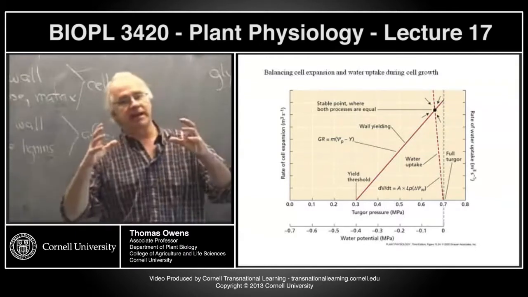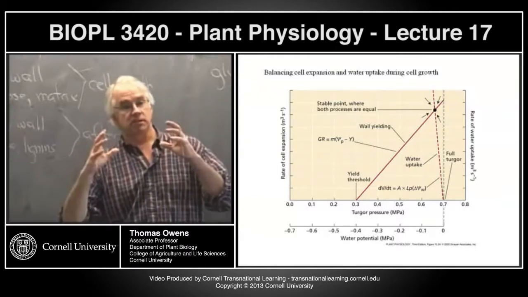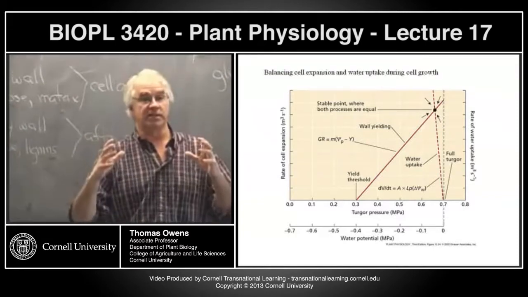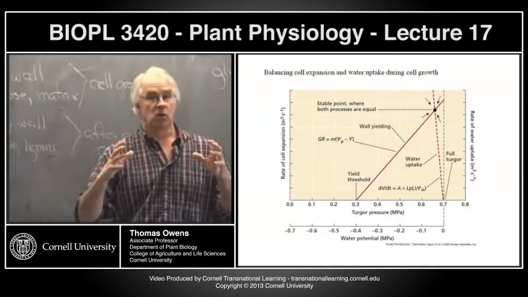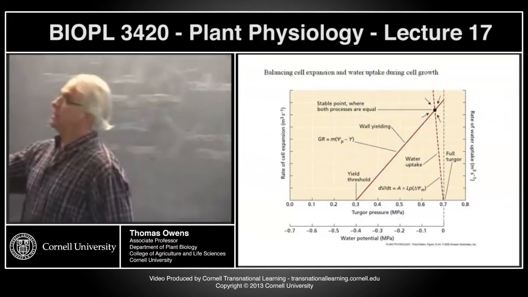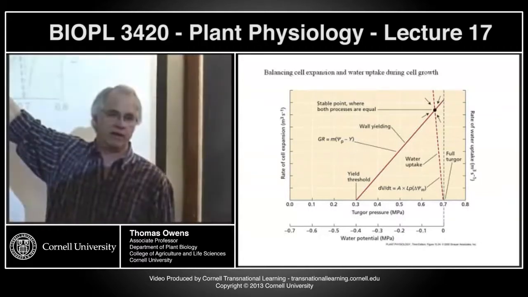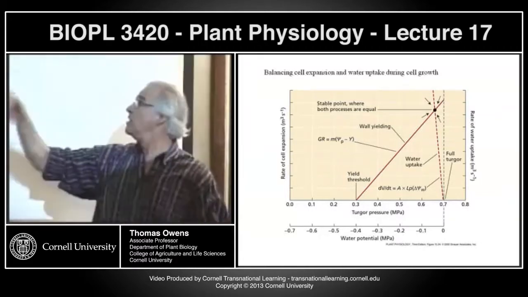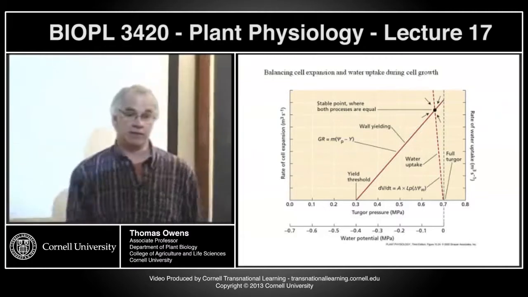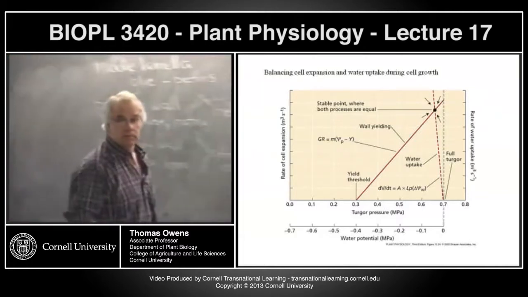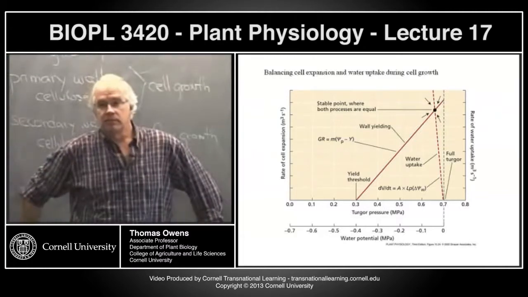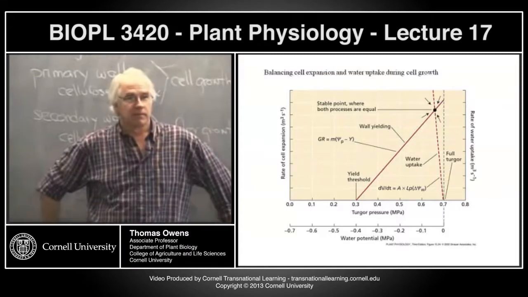So let's imagine a cell that is growing. It's increasing in volume. What would happen if the cell got big, increased in size, faster than the water came in? What would happen? Think about it.